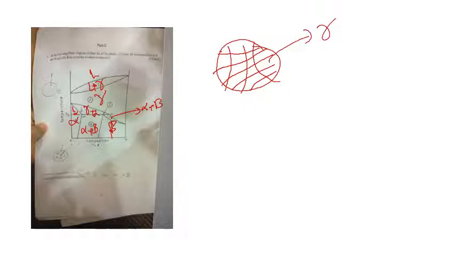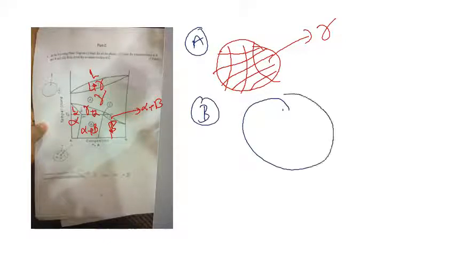Now what about point B? This is our point B. Point B is composed of two solids, one is alpha and the other is beta. You will notice that first it was gamma and then it transformed to alpha plus beta. So this was at point A and at point B, let me draw with the help of other colors.